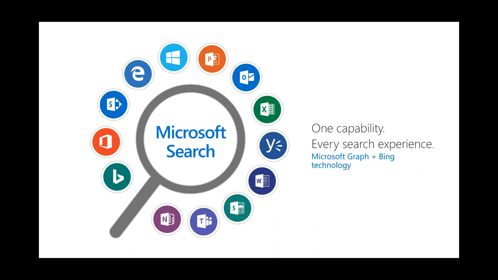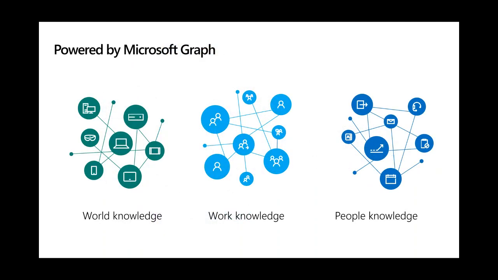So whether you're searching in Bing, you're searching in the Office applications, both web and on the desktop, in SharePoint, in Edge, in Windows, PowerPoint, Outlook, Excel, Yammer, Word, Teams, Sway, OneNote, regardless of where that search is executed, we're going to deliver a consistent search experience that's contextually relevant to the user themselves. And all of this is powered again by the Graph and Bing technology.